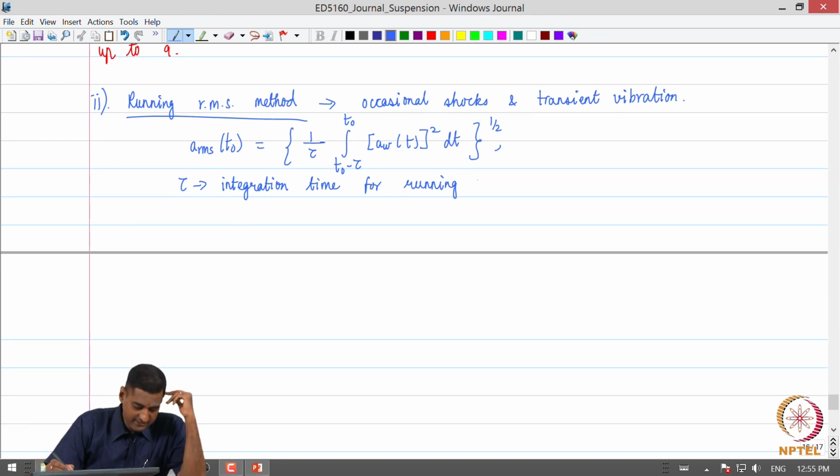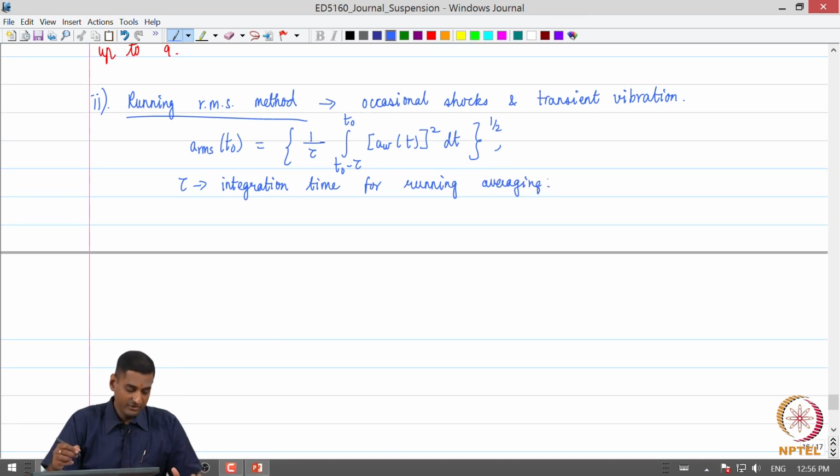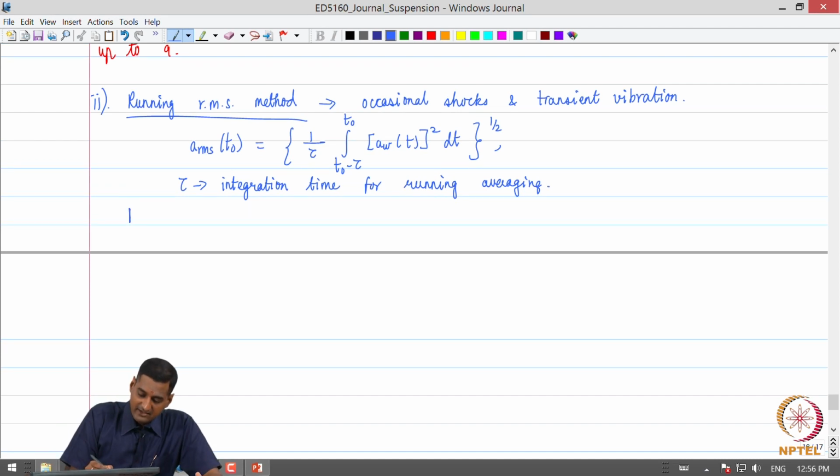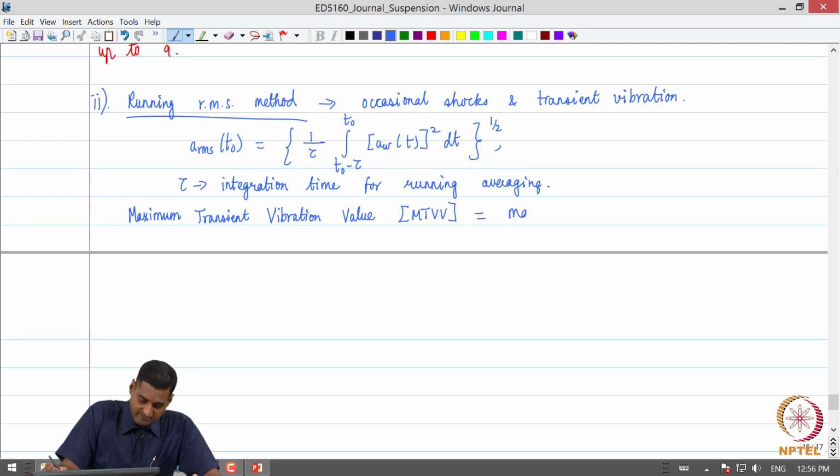So, this is the integration time for running averaging, and using this we define a parameter called maximum transient vibration value, okay, which is abbreviated as MTVV, which is defined as the maximum of this ARMS t naught in the period of observation.